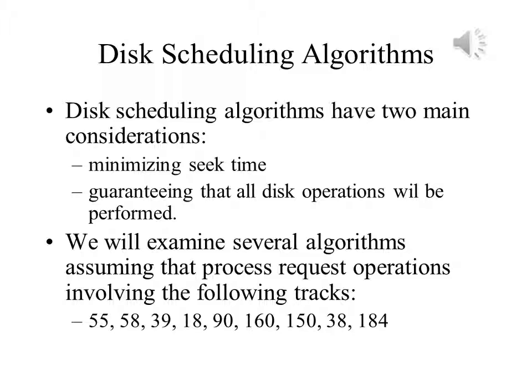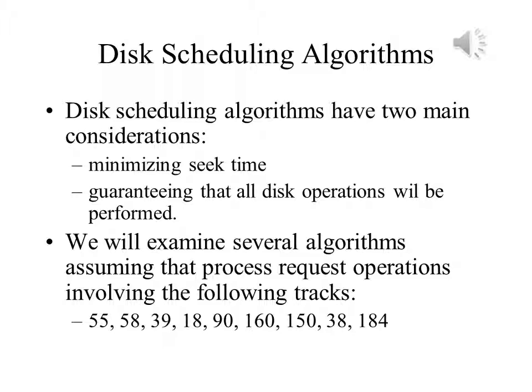There are two main concerns when scheduling disk operations: minimizing the seek time, because it is the one delay in data transfer that we can control, and making sure that all the disk operations will be performed. Some algorithms make it easy to minimize seek time, but run the risk of starving some processes.